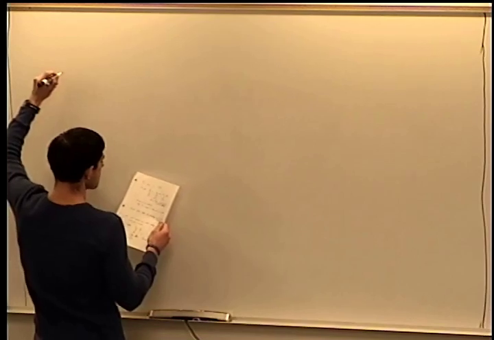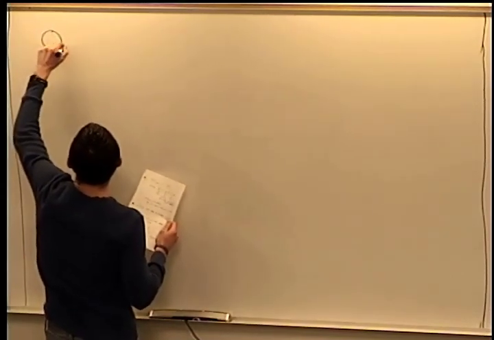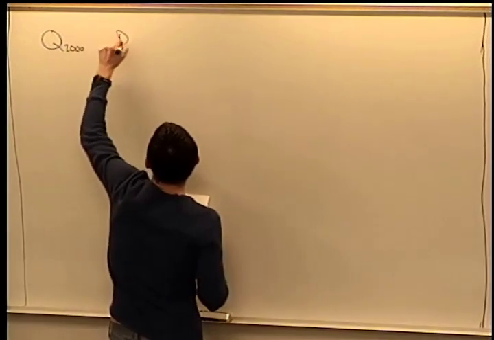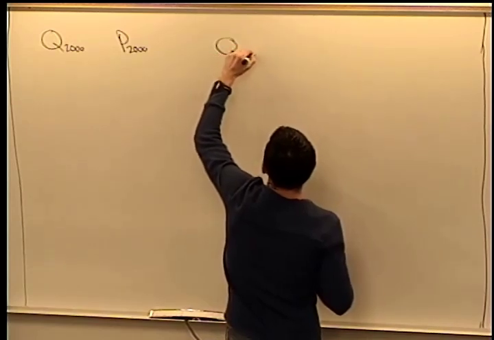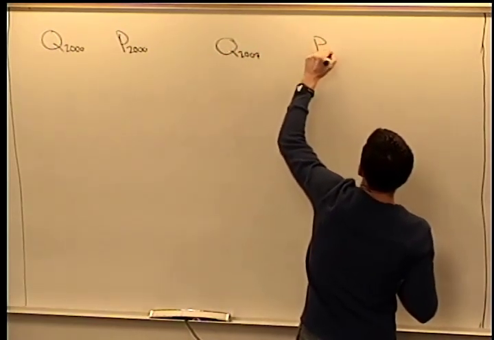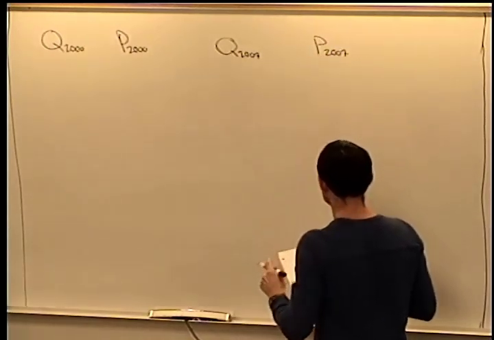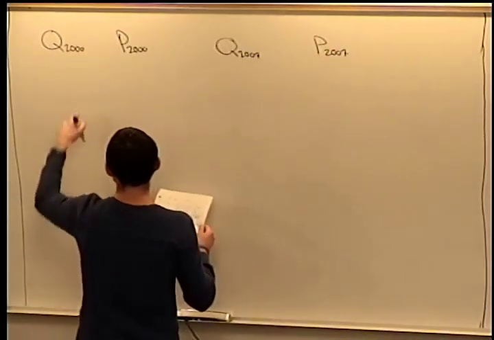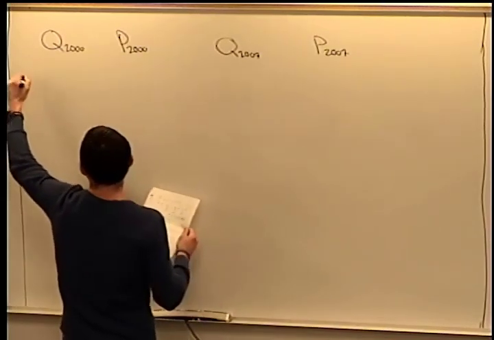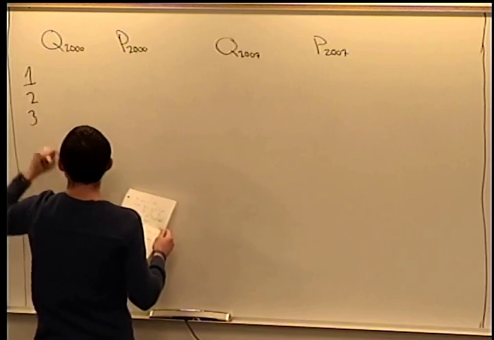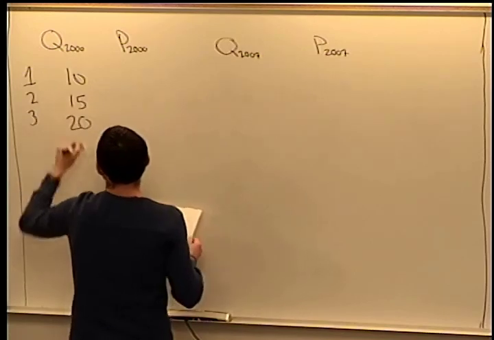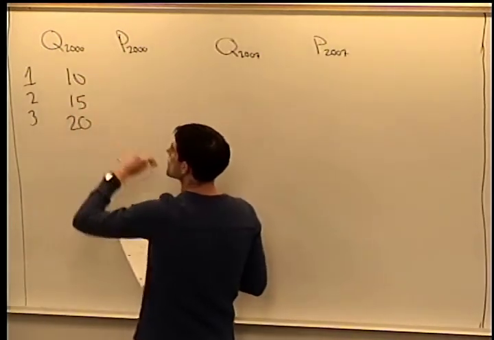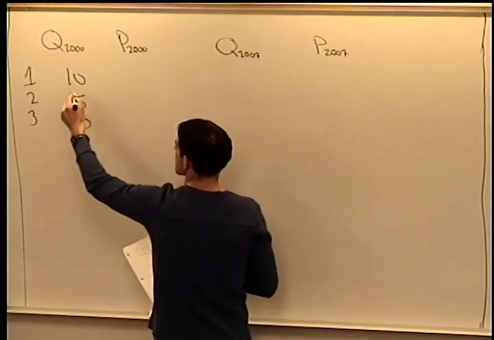In this example, we're going to have quantity in 2000 and quantity in 2007. So we have quantity in 2000 and price in 2000, and then we have quantity in 2007 and price in 2007. Now for quantities in 2000, let's say we have three goods, good 1, good 2, good 3, and we produce 10 of good 1, 15 of good 2, and 20 of good 3.